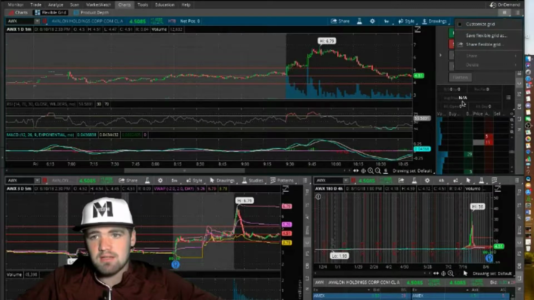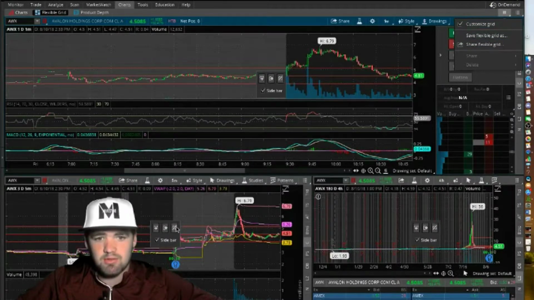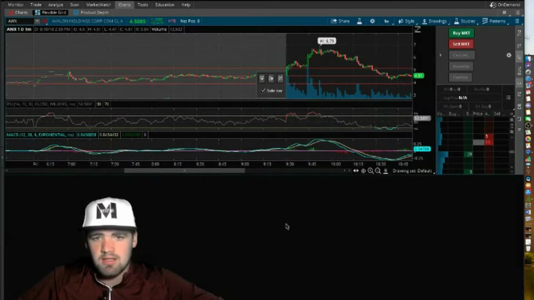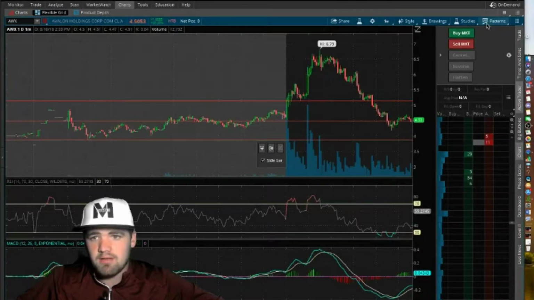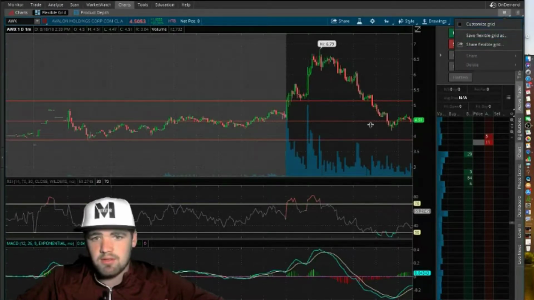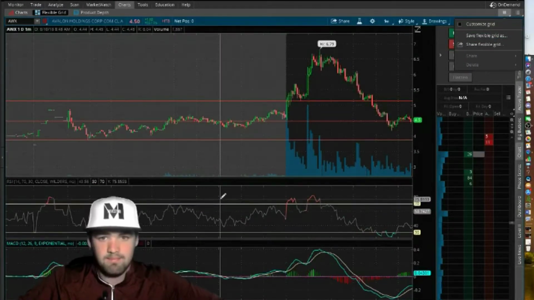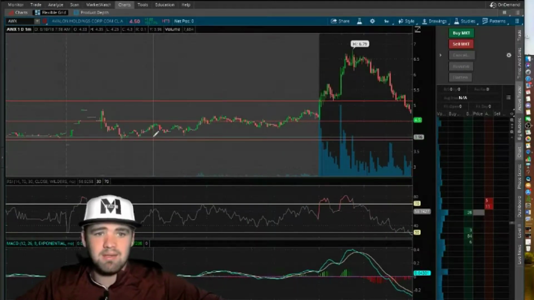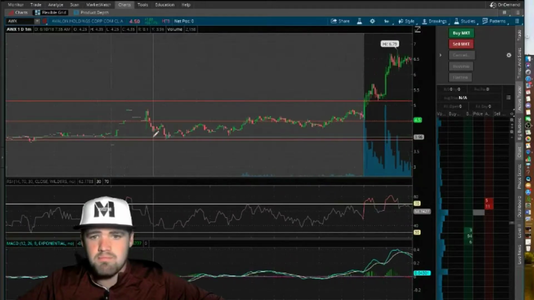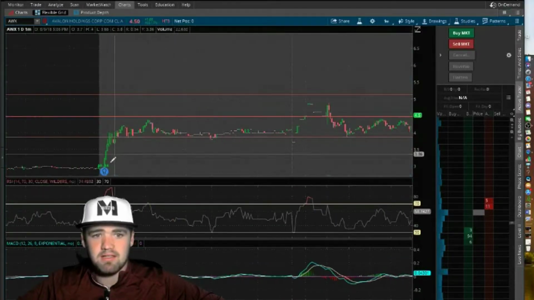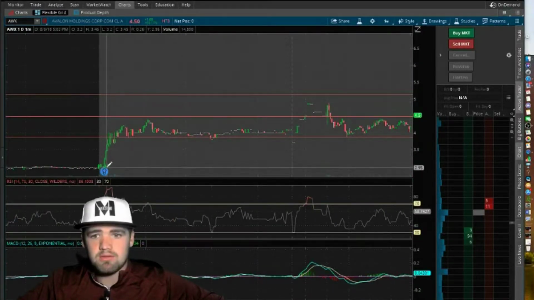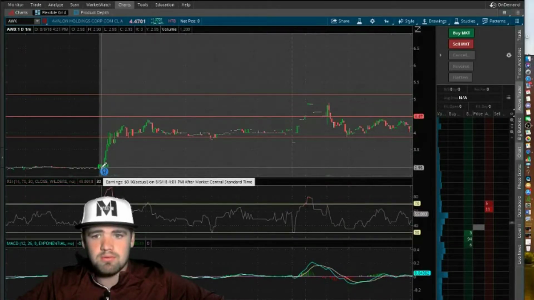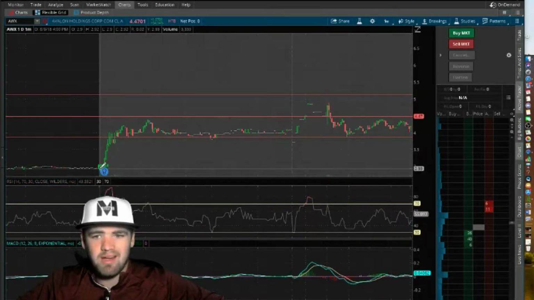Now let's customize this grid real quick and get rid of these. Alright, so now this looks a lot cleaner for you guys. Alright, so as we get a stock like AWX that's gapping up pretty significantly, from almost 290 to 280.